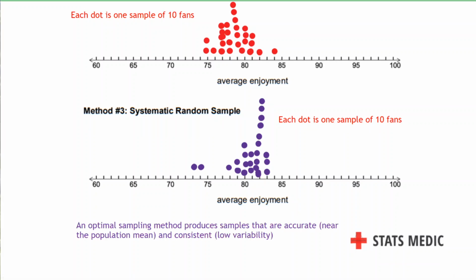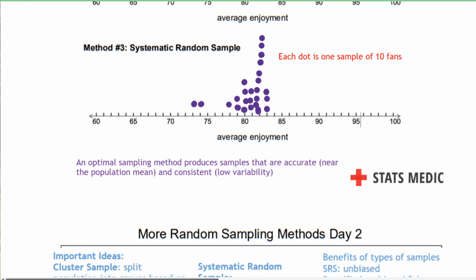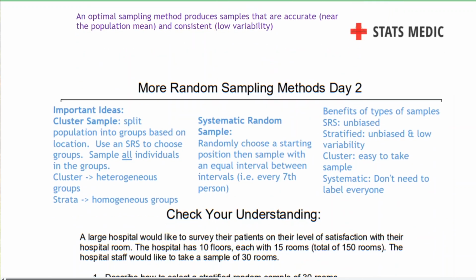Let me rephrase. An optimal sampling method is going to produce samples that are accurate, in other words, near the population mean, and consistent, in other words, low variability. Okay, now that we have that, we can get to our important ideas.